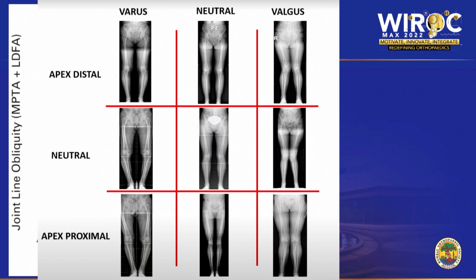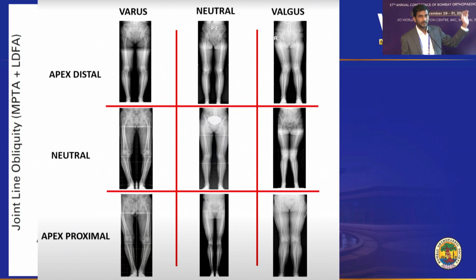So I know this is a busy slide with scanograms that you can't really see, but all preoperative scanograms can literally be classified into one of these 9. We are checking the LDFA and the MPTA and calculating something called an arithmetic HKA. That means where was the knee before the arthritis happened, and we want to get all knees after the knee replacement to that spot.